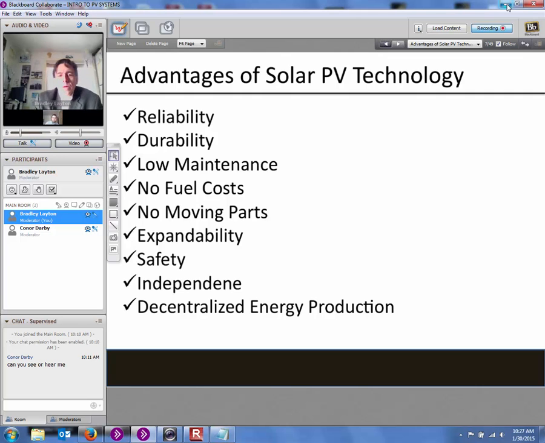Syllabus. Yeah, that'd be fine. Yeah, I think in Blackboard maybe it just wants to see PowerPoint slides, but you can definitely do a full screen share, and that'll just show whatever you're looking at on your screen inside the Blackboard software.